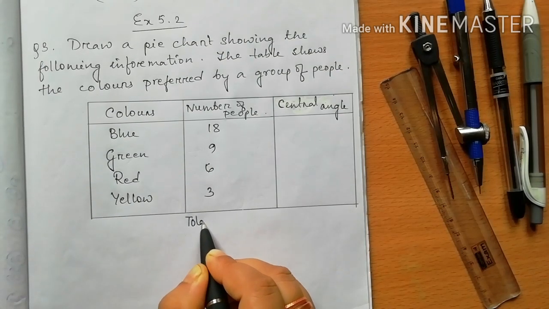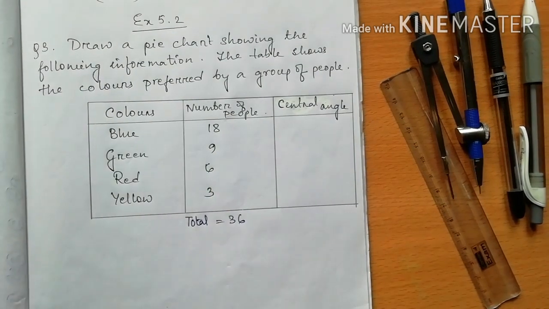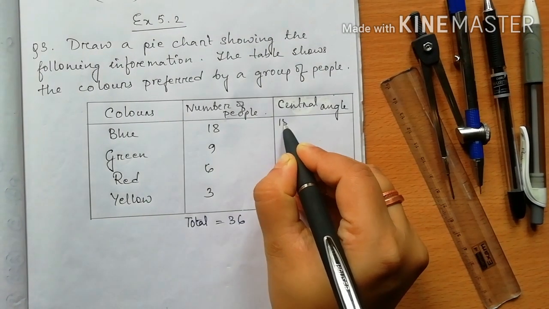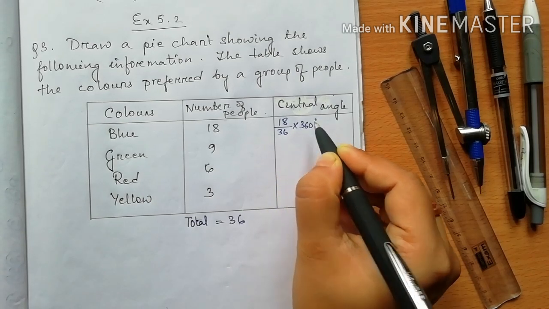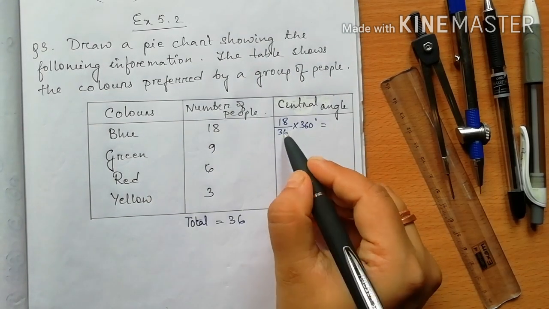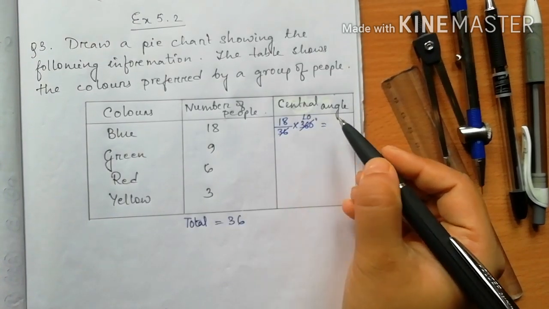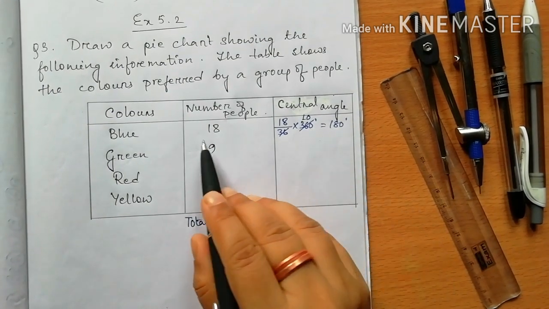So the total is 36. The central angle we find by 18 by 36 into 360. The 36 and 360 can be cancelled, so 36 into 10. So the angle is 180 degrees for the first color.